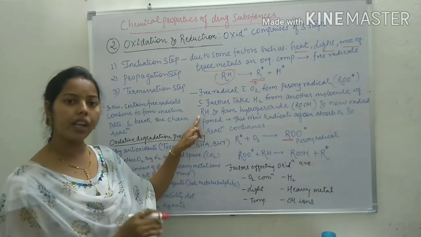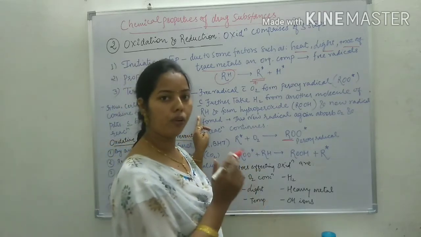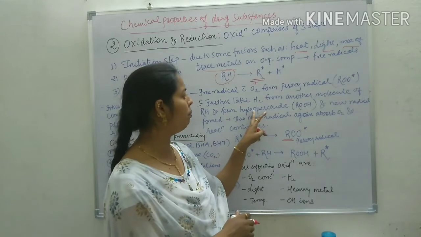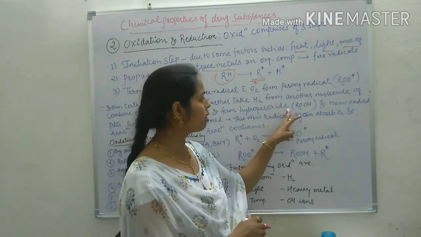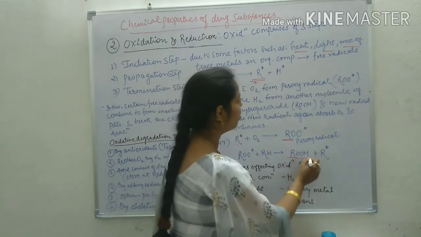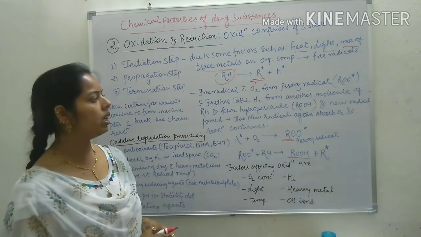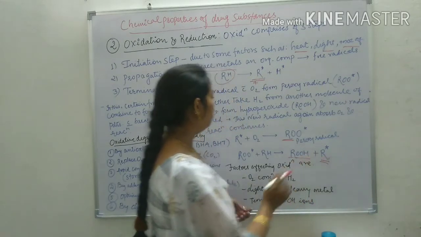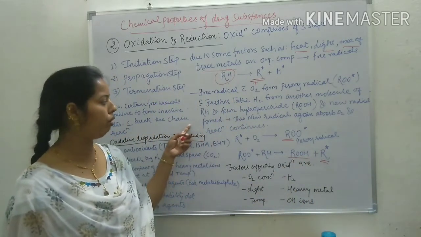Now this will take another hydrogen from the organic compound and form hydroperoxide, which is ROOH. And in this reaction a new radical is formed.